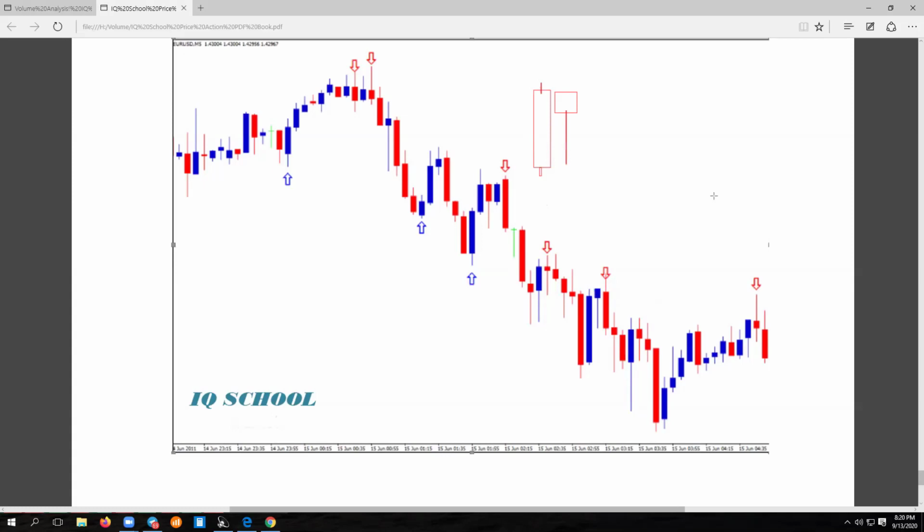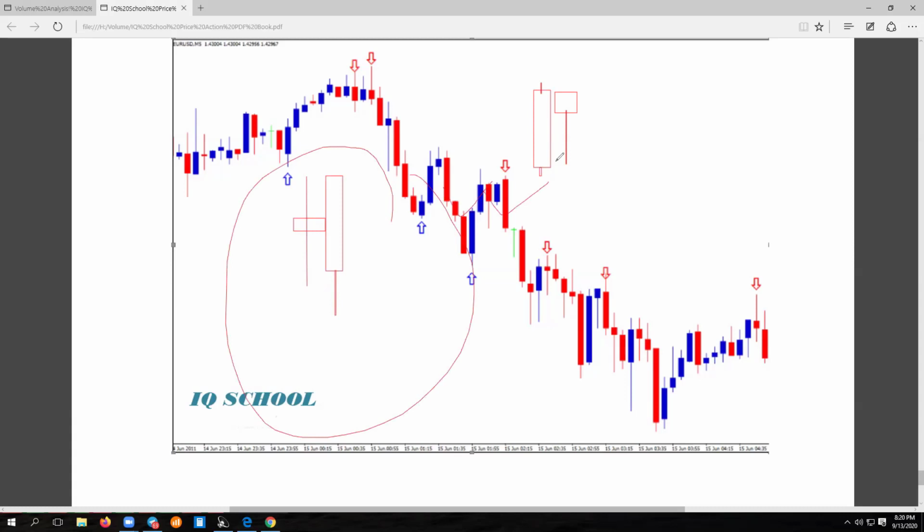like this weak candle, or if you have a first weak candle like this, like a spinning top candle, and then we have a strong candle. Strong candle, and this is a weak candle, so it's called a CPR.